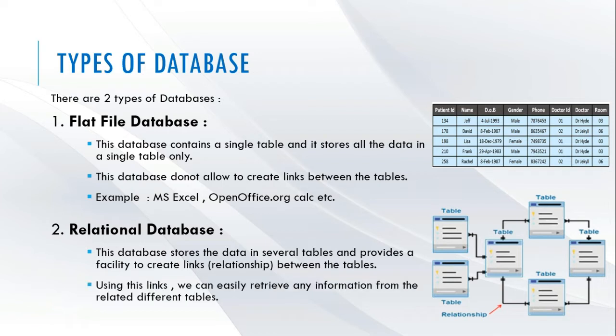Using these links, we can easily retrieve any information from the related tables. And the best example of this relational database is MS Access, that we are going to learn in this video. And apart from this, other softwares that belongs to the relational database are Microsoft SQL, MySQL, Oracle, etc.